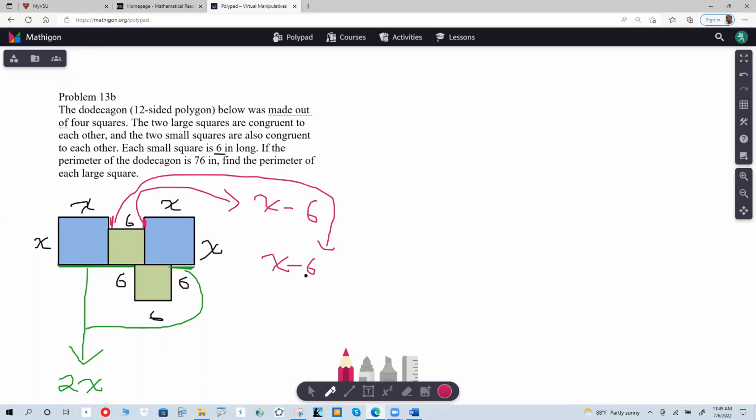I'm back. All right, guys. So let's try this. So the whole perimeter is 76. I'm going to set up an equation. Let's collect the easy things first. How many x's do I have? I have 4 black x's plus the green 2x. Don't forget that. And that gives me 6x. How many 6's do I have? I have 4 6's to account for. And that is 24.